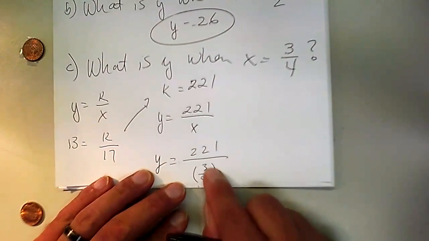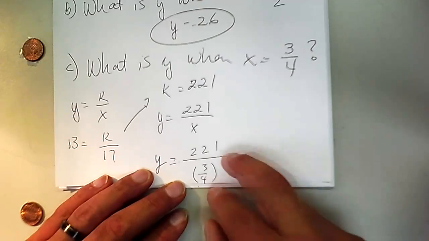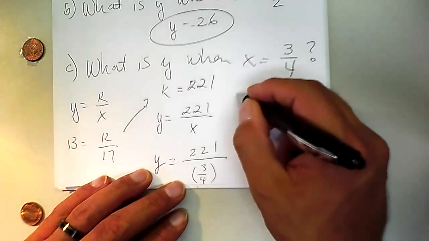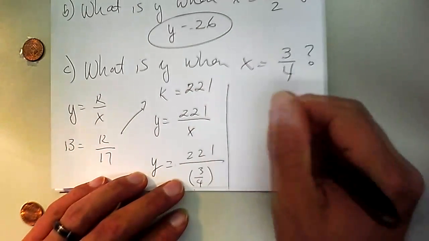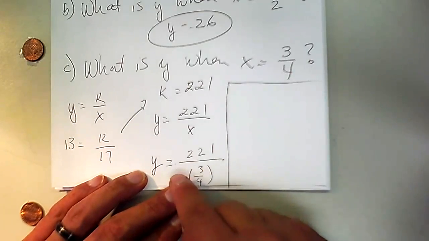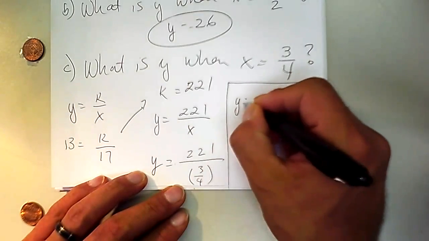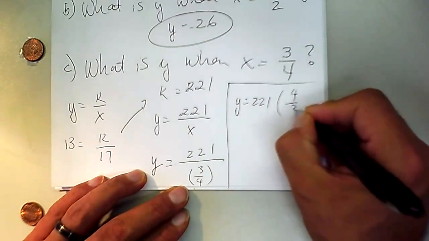Anyway, so here we got the fraction multiplied by the reciprocal. As you already know, I'm going to put a line to divide this column from the next column there. So we really have y equals 221 multiplied by 4/3.